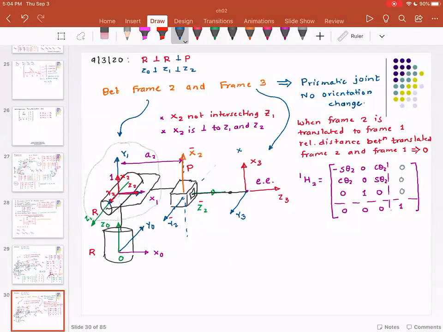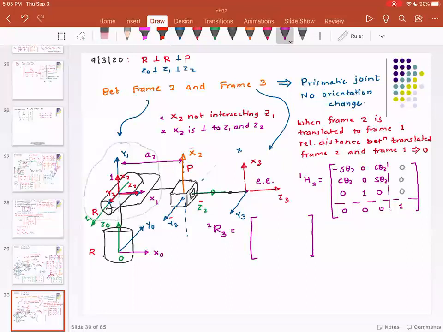What it means is, I will go ahead and derive this. So check this out. Let's do this exercise. If I were to write down R23, which means the rotation between frame 3 and frame 2, there is no rotation between frame 3 and frame 2. Why? Because there is no revolute joint.